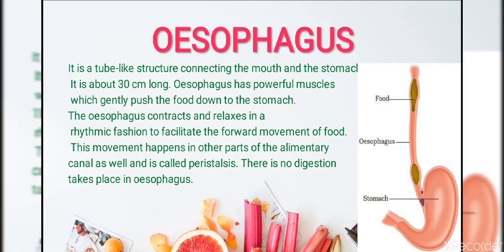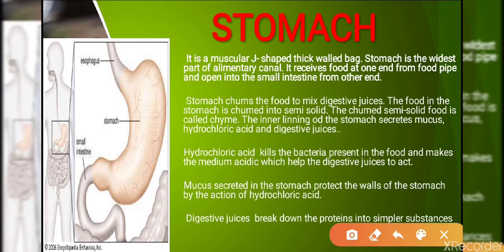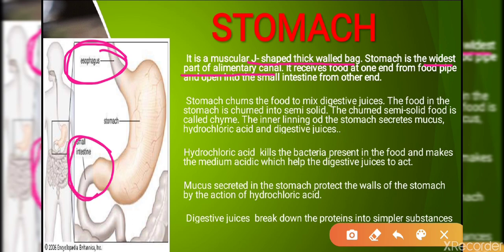Moving to the next organ, the stomach. Stomach is a J-shaped thick-walled bag. It is the widest part of the alimentary canal or of the digestive system. It receives food from the esophagus and transports it to the small intestine.